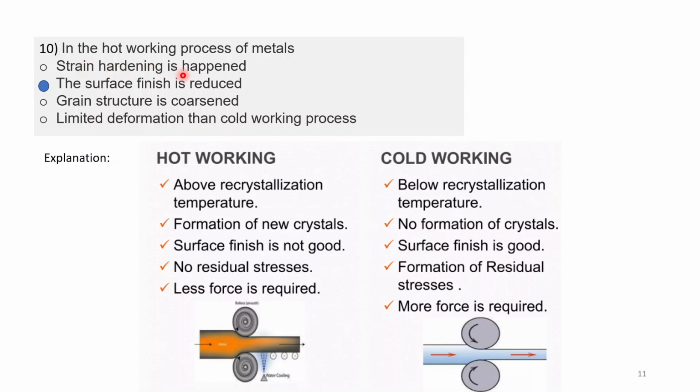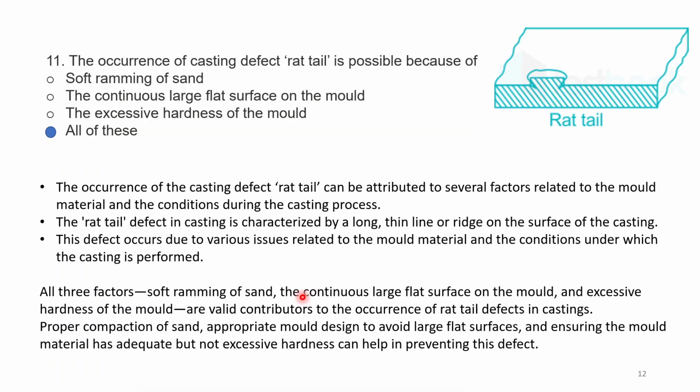Strain hardening is reduced in the case of hot working due to high temperature. Grain structure is fine in the case of hot working because of recrystallization. Deformation is also higher because of the improved ductility. So all of these were the answers.